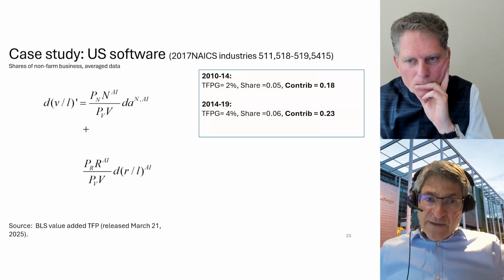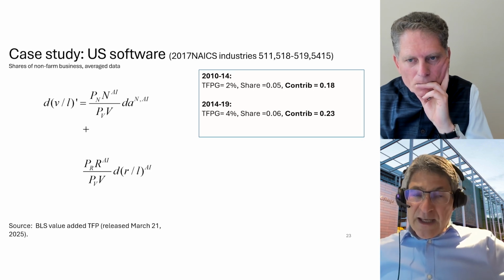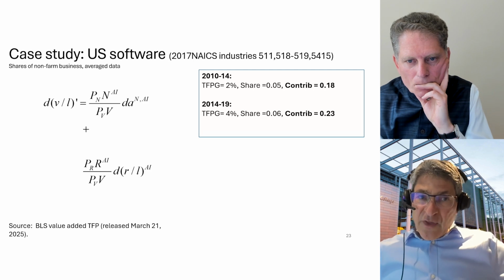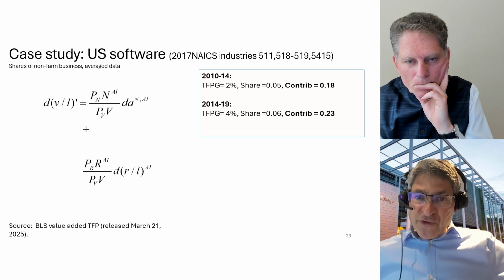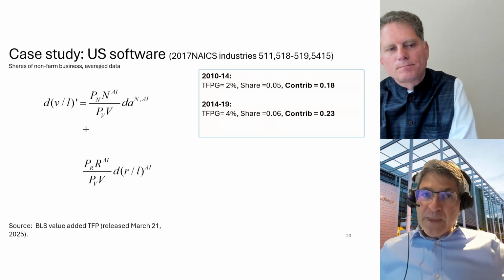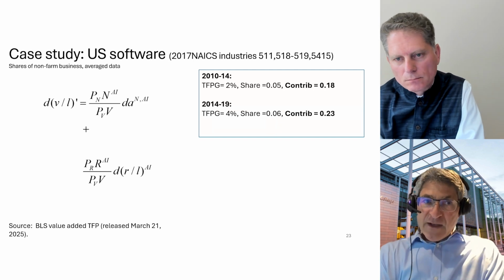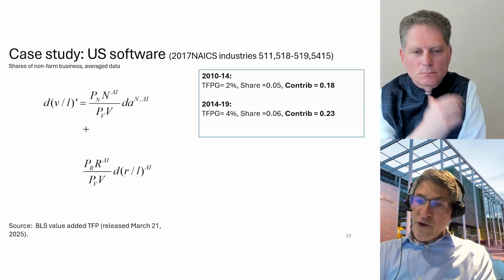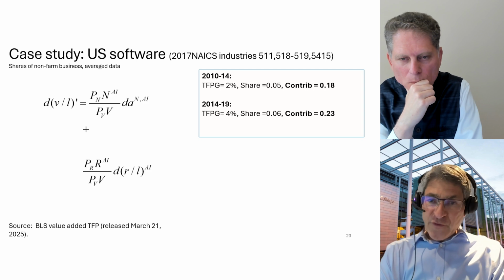And 5415 is custom software as well. Having said all of that, those sectors not only produce software, but they also produce other services, like, for example, managing cloud services and so forth. So those industries overstate the amount of software that's being produced.